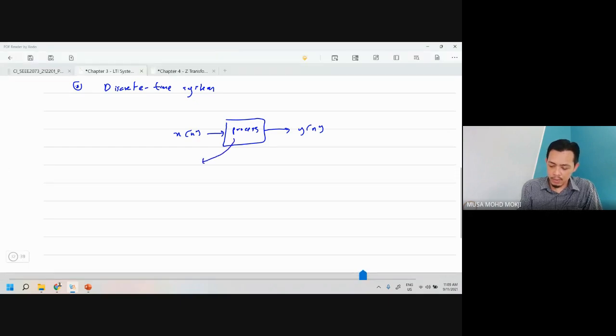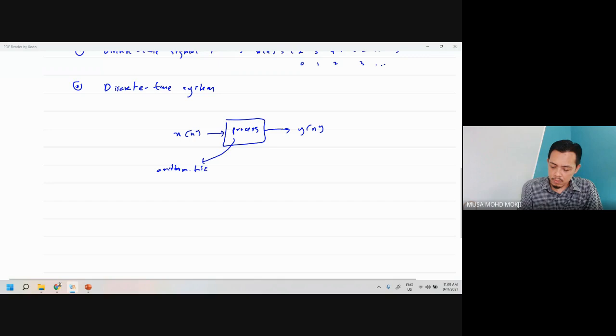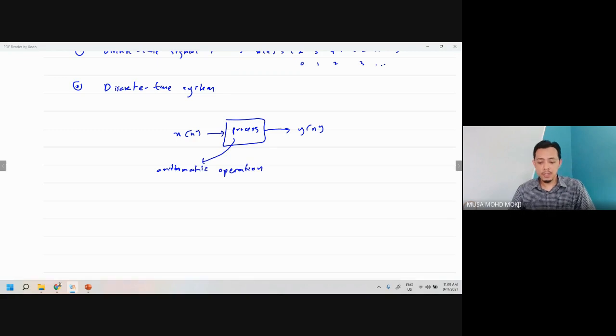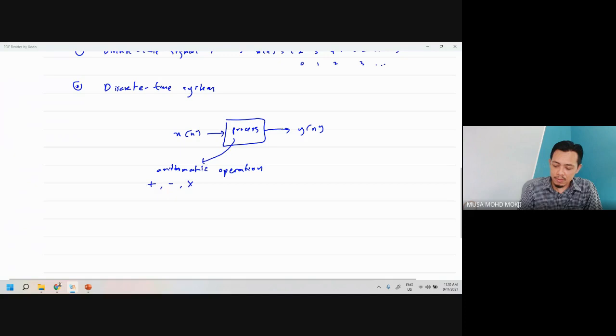So we have seen this process. First, we have arithmetic operation. Arithmetic operations are those mathematical operations like plus, minus, multiply, divide, power, sine or cosine, log.